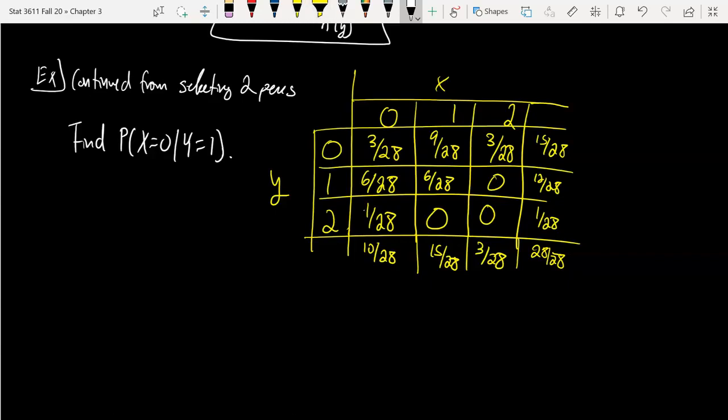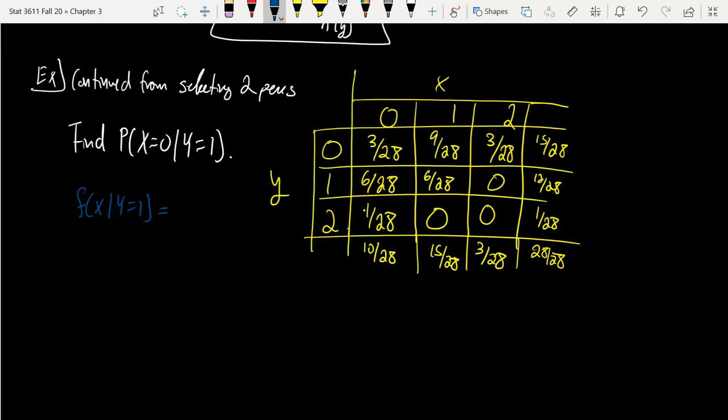The first way, I'm just going to go about it in a way that lets us work through all the mechanics. One way to do that would be to use the actual conditional distribution of x given y equals 1. So we could start by finding the distribution of x given y is equal to 1.